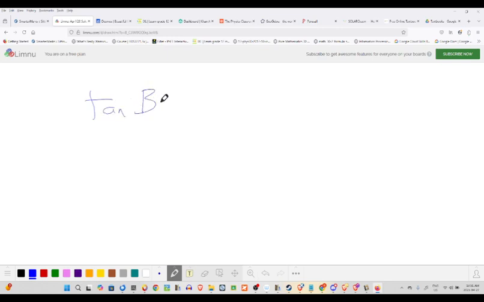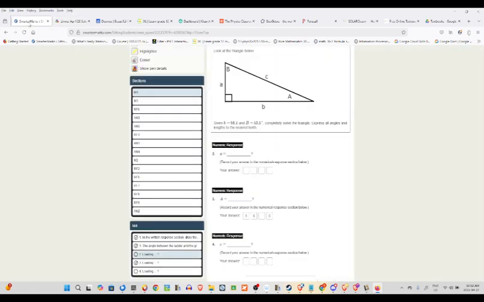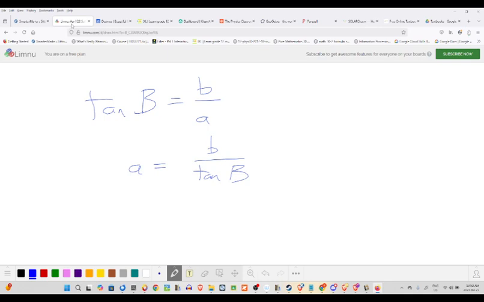the tan of angle B is side B over side A, which makes side A side B over the tan of B. So our side B is 58.1.